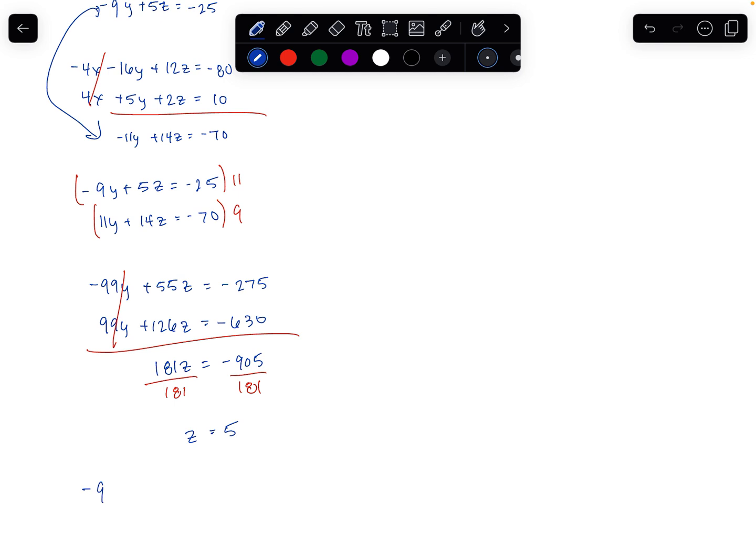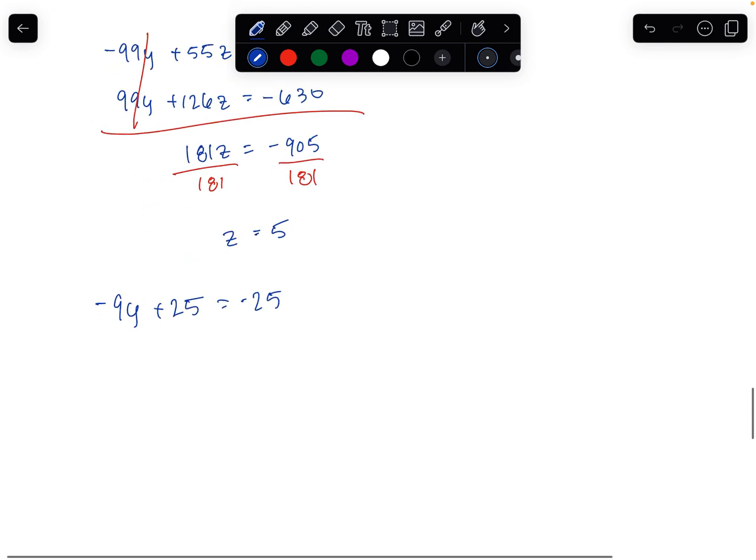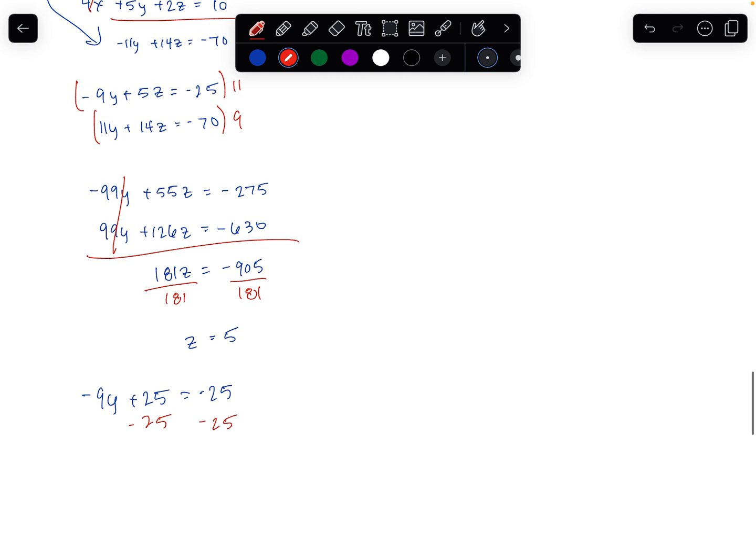So I have negative 9y plus 25 equal to negative 25. Okay, I'm liking this so far because when I subtract 25, oh, I was liking this. Z is equal to 5. Okay.